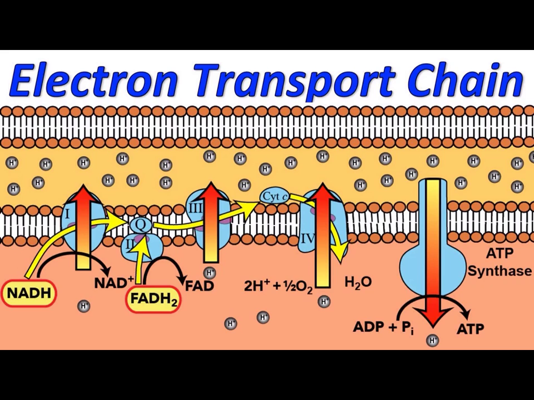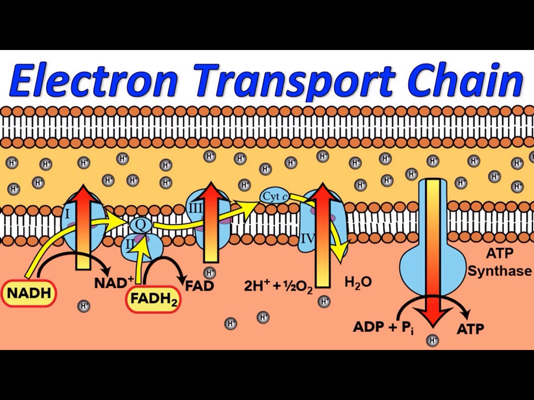ETC creates an electrochemical gradient to power ATP synthesis. Chemiosmosis is possible only after the electrochemical gradient has been created by the ETC. Those hydrogen ions are now forced through a special enzyme called ATP synthase, which is embedded in the inner membrane.